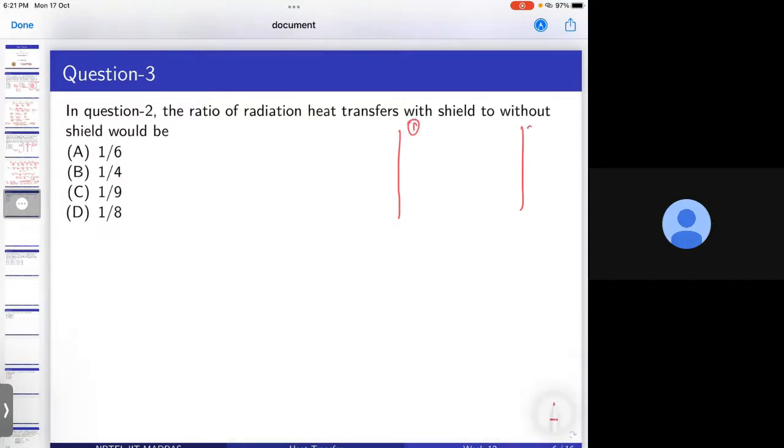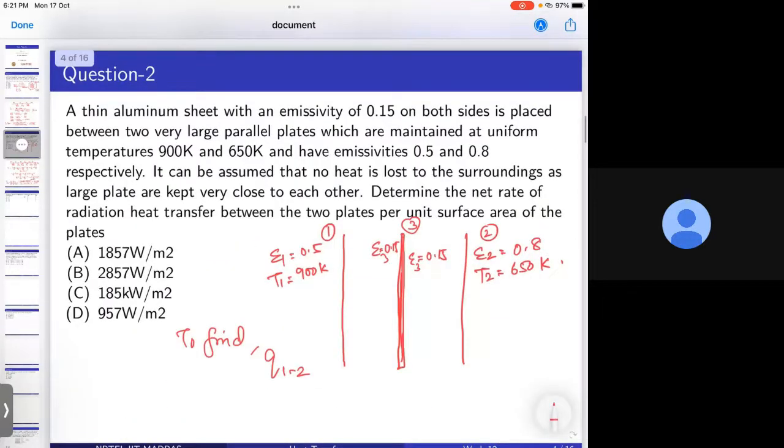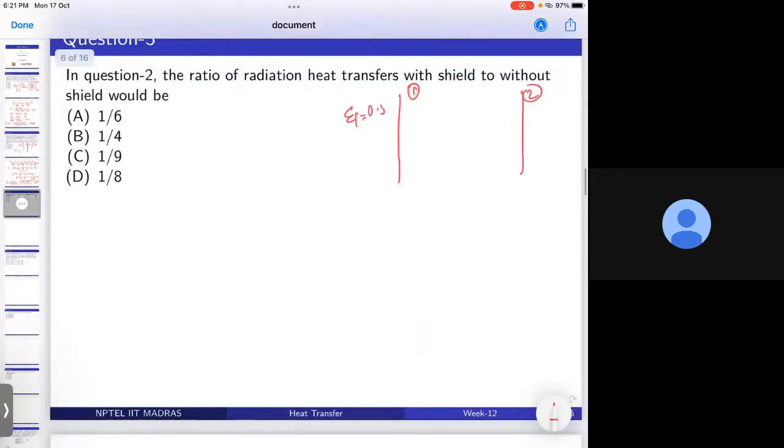This is 1 and this is 2. Epsilon 1 is 0.5 and epsilon 2 is 0.8, T1 is 900 and T2 is 650 Kelvin.